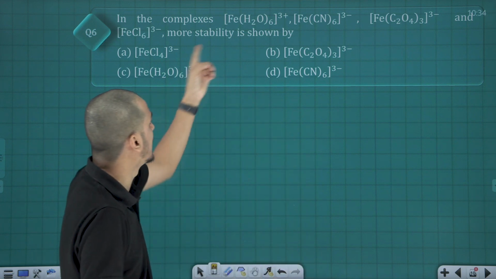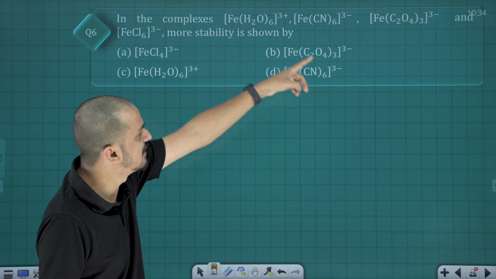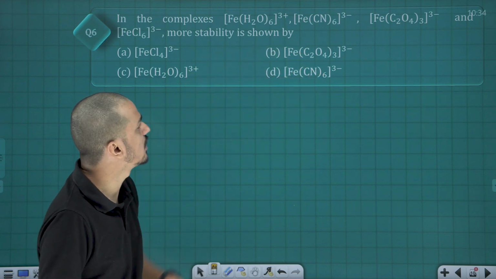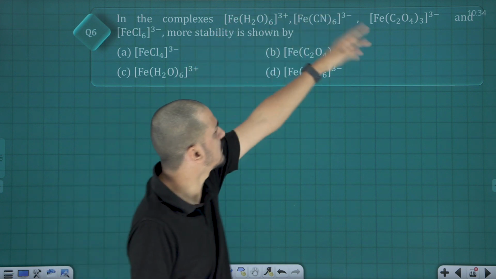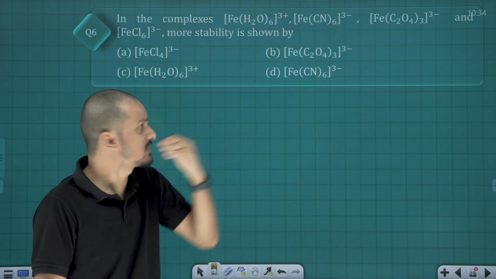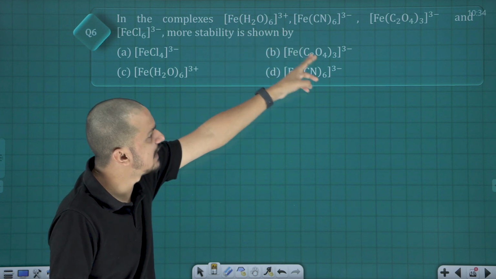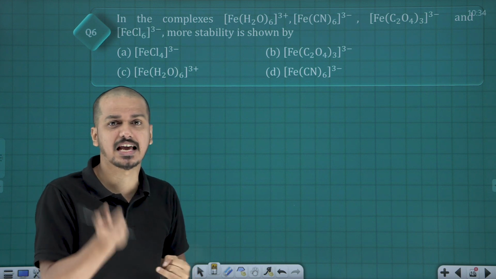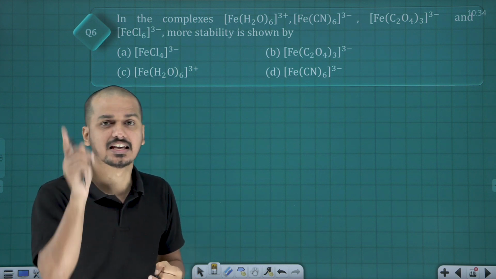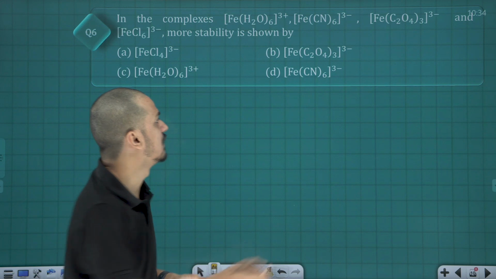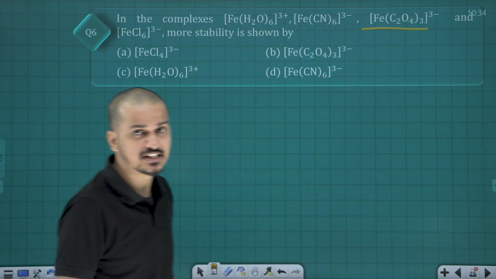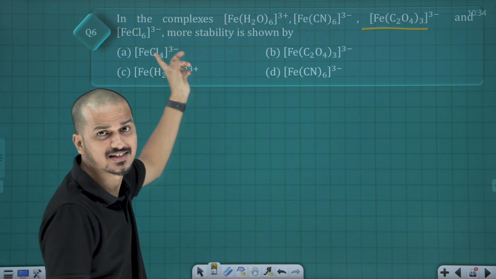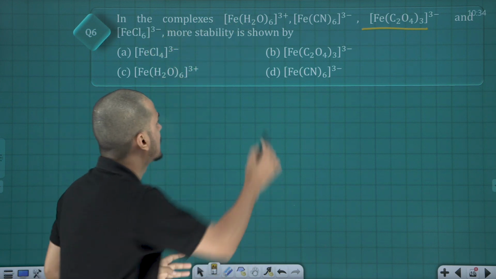Here the cation is the same, Fe3+ in all. Next, the ligands are H2O, cyanide, C2O4 and Cl. Didentate or polydentate ligands have the ability to form chelation. Chelation increases stability. So the answer is [Fe(C2O4)3], oxalate being didentate. The remaining cyanide, water and Cl are all monodentate. So the answer is B.